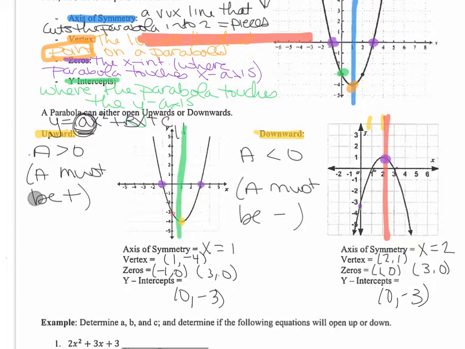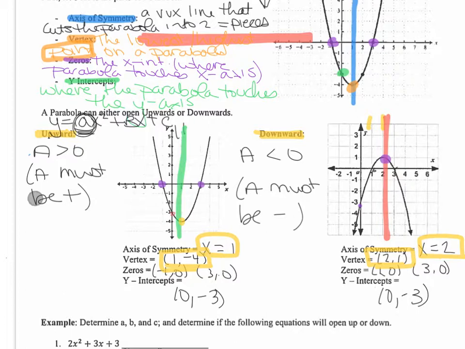So hopefully you all are okay with finding this information when I give you a graph. One thing I also want to mention that hopefully you notice, the axis of symmetry is x equals 1. Look at your vertex. What's your x value? 1. Come over here and look at the axis of symmetry. X equals 2. Look at your vertex. What's your x value? It's 2.